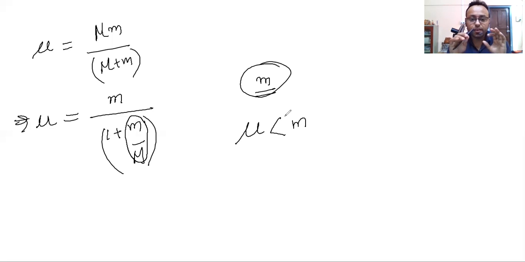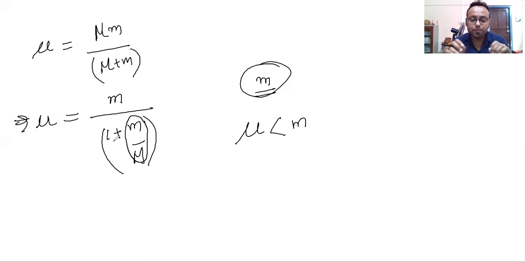There can be a very small difference between mu and m, because small m by capital M will be very small, because the mass of the electron versus the mass of the nucleus is a very small quantity, but still it's 1 plus. So it can be like 1 plus 0.000001. Still it's 1.000001, which is always greater than 1. So it might not affect any other calculation, but in reality it's smaller.